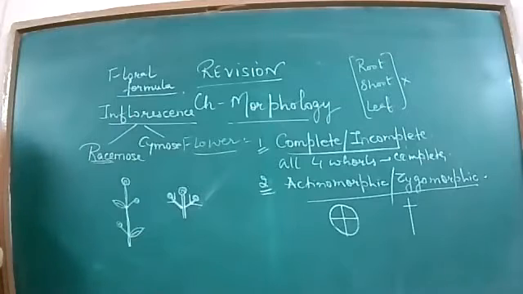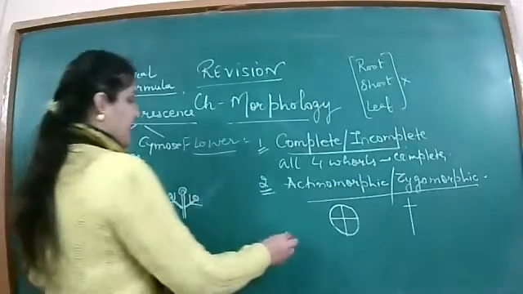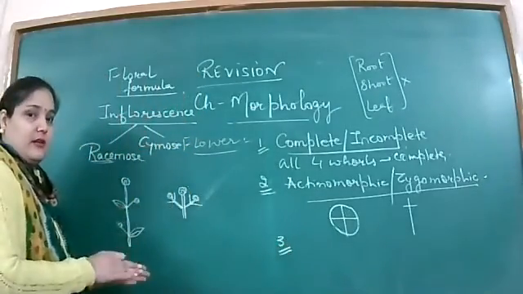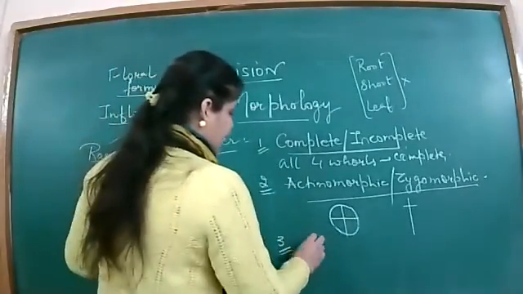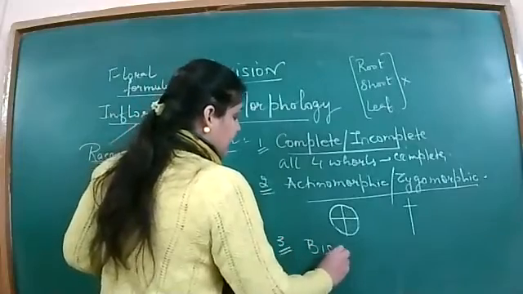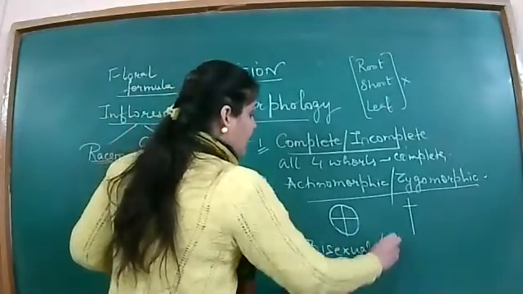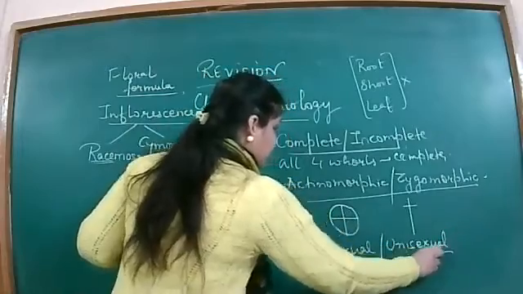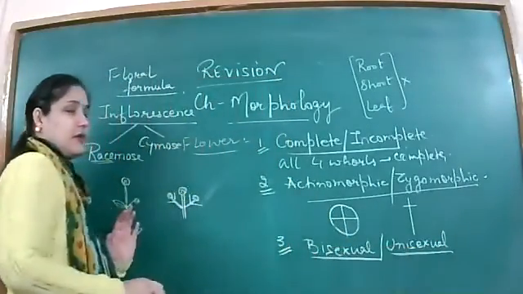Okay. So the second term we use is for the symmetry, that is actinomorphic and zygomorphic. Thirdly, we use the term that the flower is bisexual or it is unisexual. What do you understand by bisexual and unisexual?